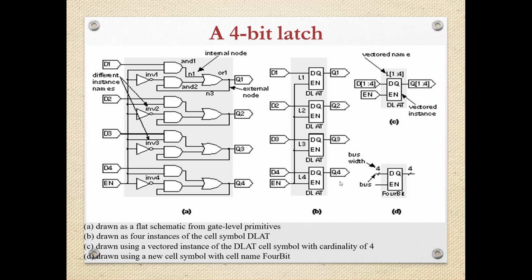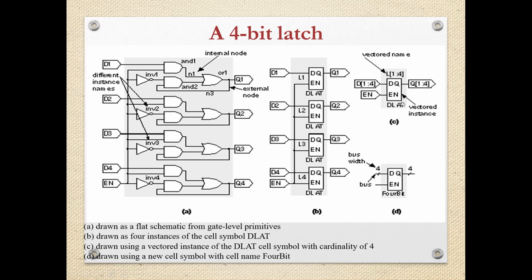Further, this diagram can be reduced with the help of the vectored instances. Like for this wire, as one signal is there, it is denoted as D1. But as the similar signals are going to this block like D1, D2, D3, D4, we can combine them and put it as one bus over here. So this is one signal which is going to this D latch, and there are such 4 latches. So the vectored name for this latch will be L[1:4].